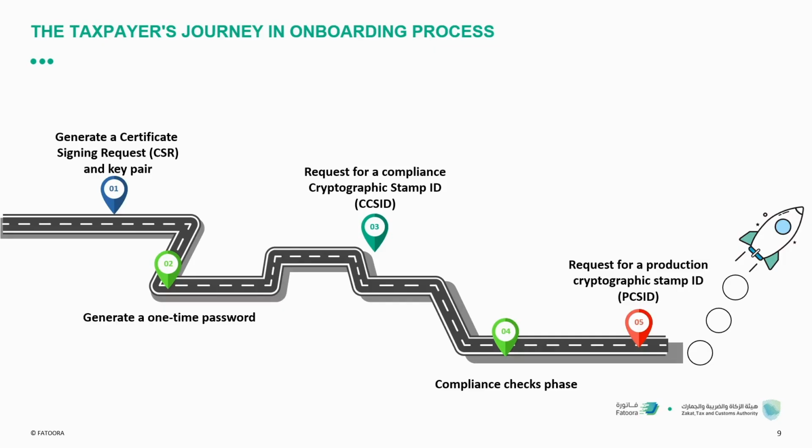The third step is requesting a compliance cryptographic stamp ID, which we call CCSID. The fourth step is to complete the compliance checks phase. And the last step before the live integration is to request a production cryptographic stamp ID, or the production CSID. We will now explore each step in detail.